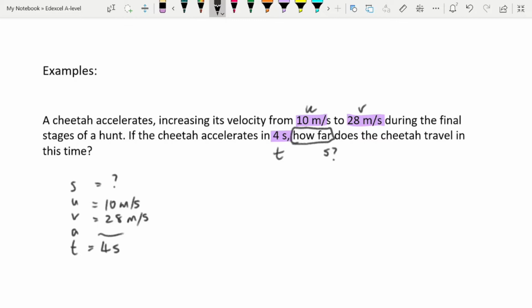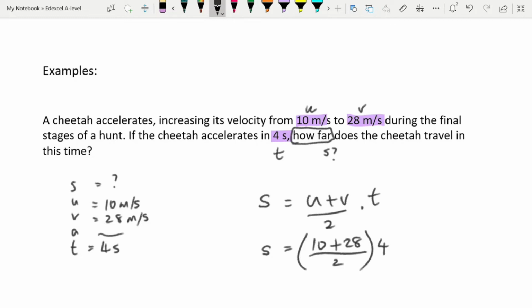We could find a, but remember we do have an equation with these in it. s is equal to u plus v over 2 times t. So we're going to use that one. And then all we have to do is put in the numbers. And you get 76 meters.